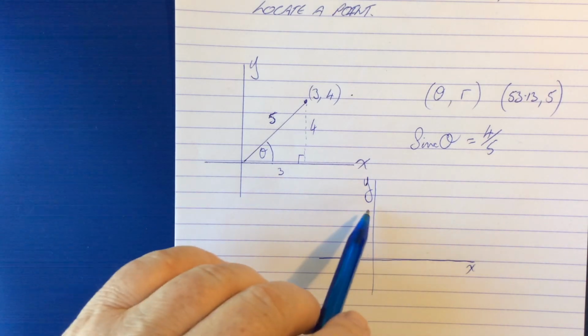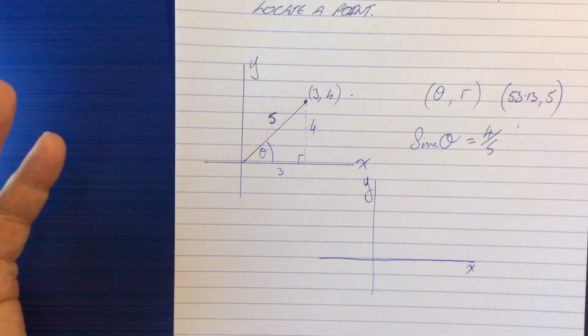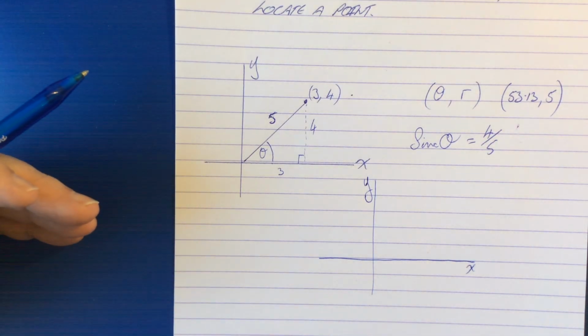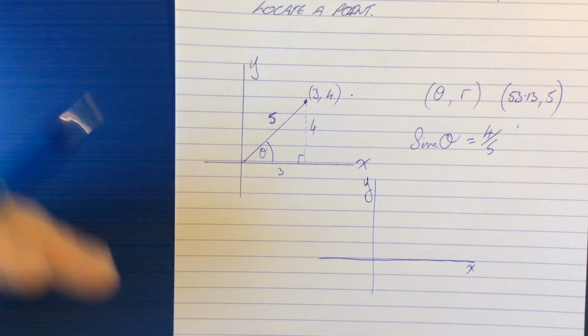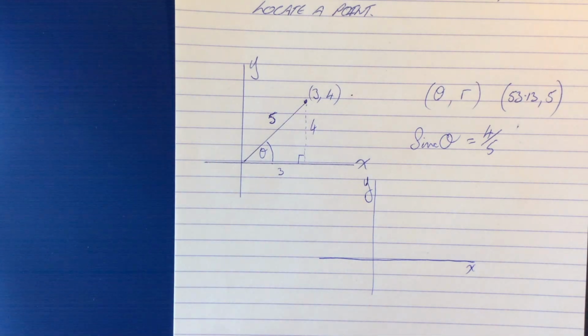Maybe in a later video we'll get into how you locate things in other quadrants. It's not particularly difficult, but it does need a fairly good knowledge of trigonometry, and circular trigonometry would help.